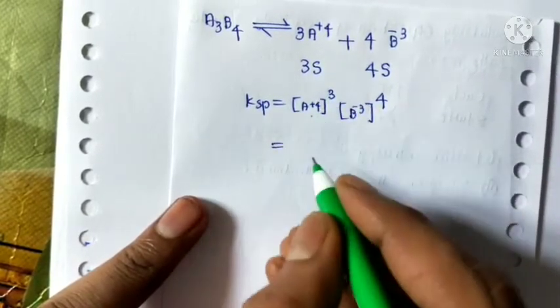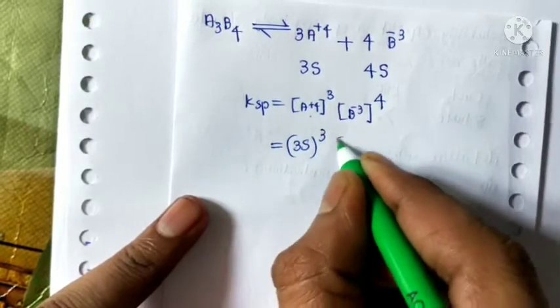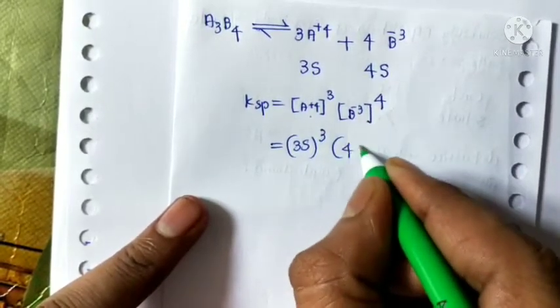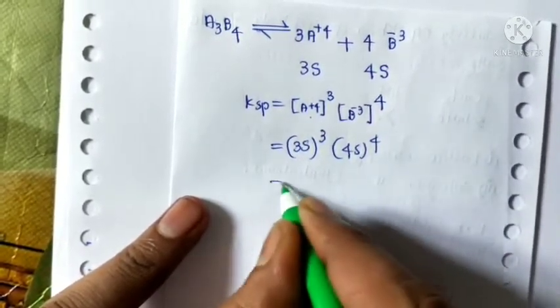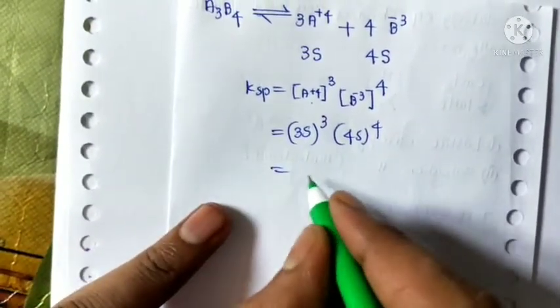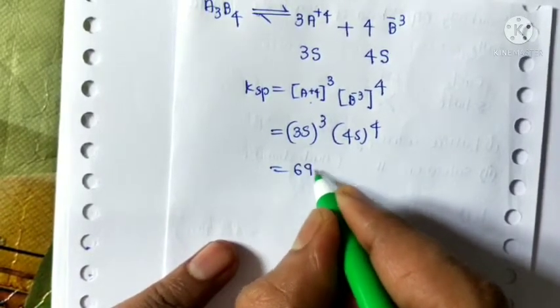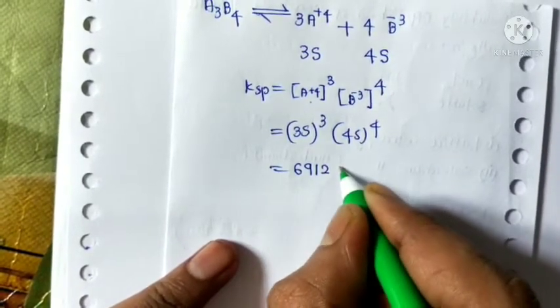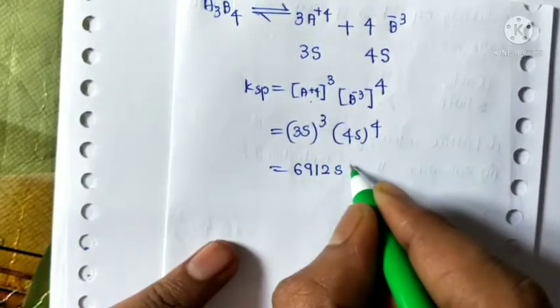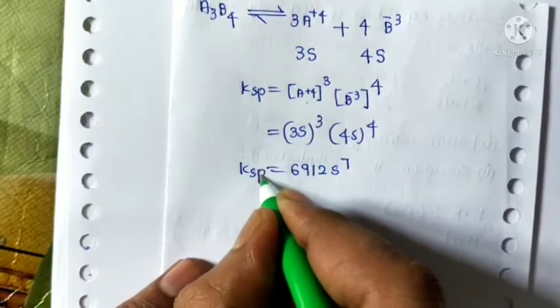So A plus 4 is 3s whole power 3, B minus 3 is 4s with power 4. From this we can simplify and obtain the final value, that is 6912 s cube into s power 4, that is s7. This is the KSP value.